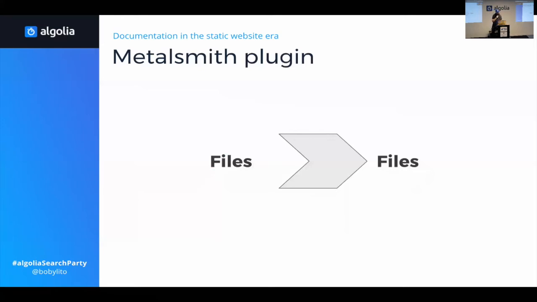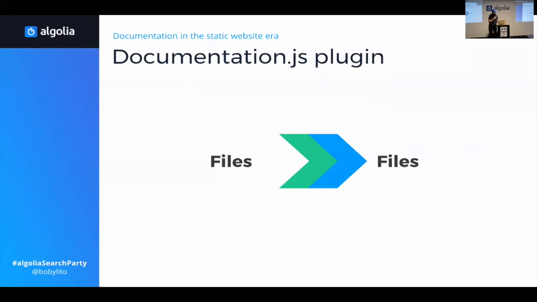What we did is that we integrated documentation.js into a plugin. Our plugin has two steps. The first step extracts the documentation data from the source, using documentation.js itself. The second step organizes the documentation into files.